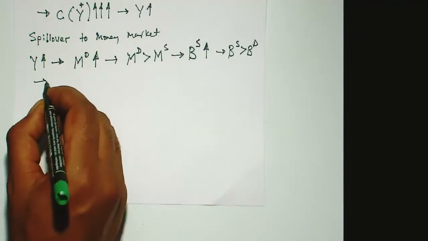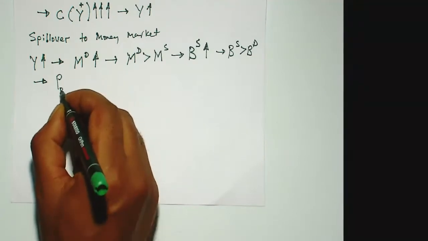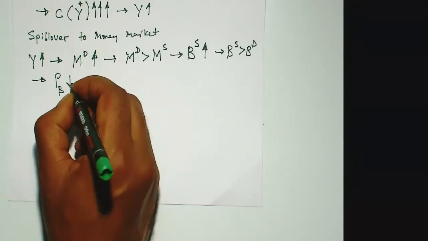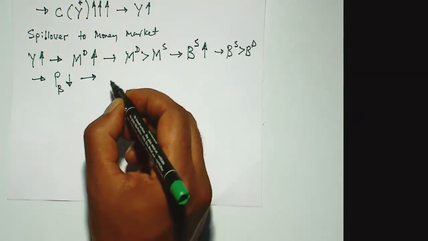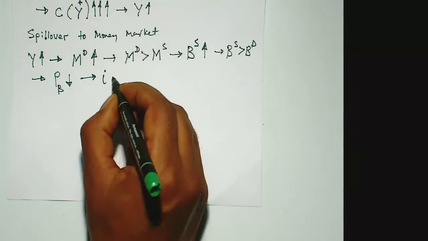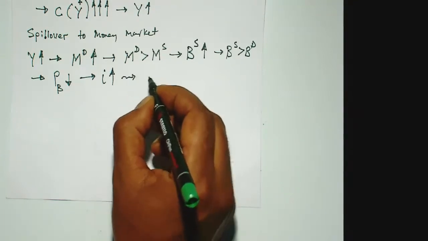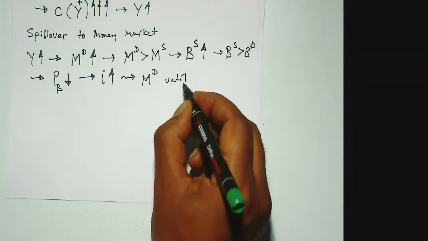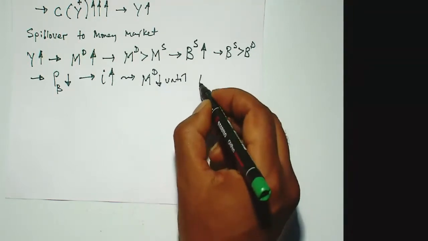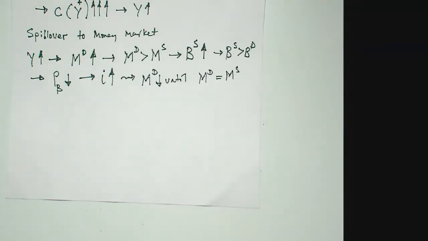In a normal economic scenario, if supply is higher than demand, the price of bonds should reduce. And this reduction of price, having an inverse relationship with the interest rate, would lead to an increase in the interest rate, which again leads to a reduction of money demand until we reach money demand equal to money supply.